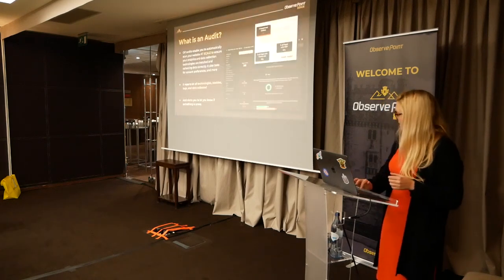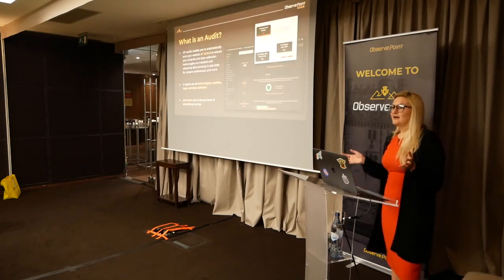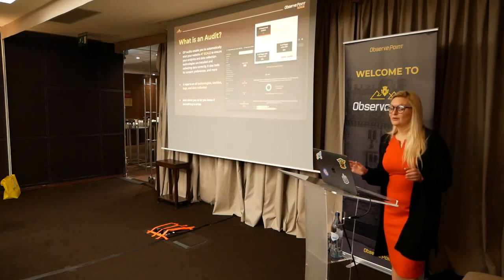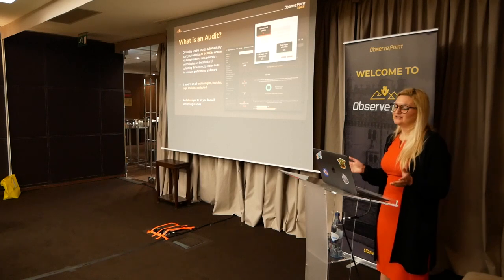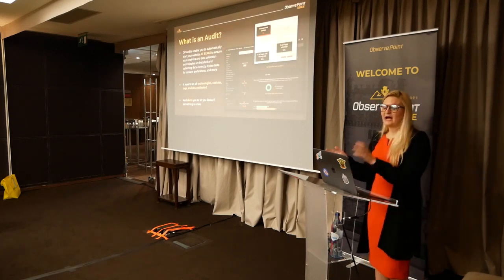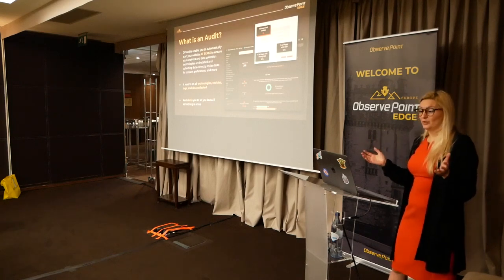So let's start with what is an audit. ObservePoint audits enable you to automatically scan your website at scale to ensure your analytics and data collection technologies are installed and working correctly. You tell ObservePoint where to start the crawl and how many pages you want it to go to.